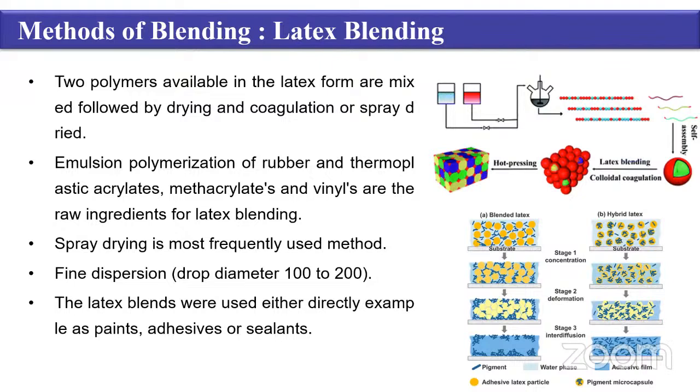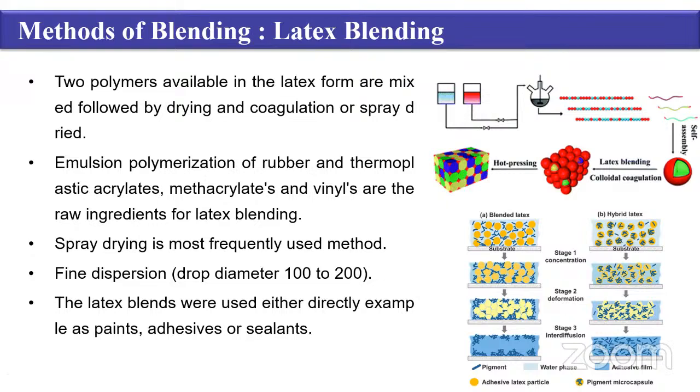Then latex blending. Here two different polymers which are available in latex form are mixed, and after mixing, they are dried and coagulated. Examples of raw materials for latex blending are emulsion polymerization of rubber or thermoplastic acrylates.